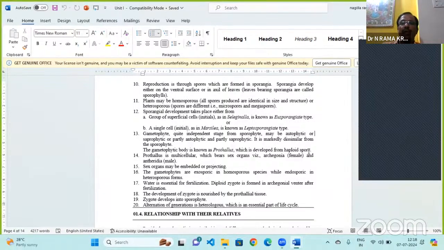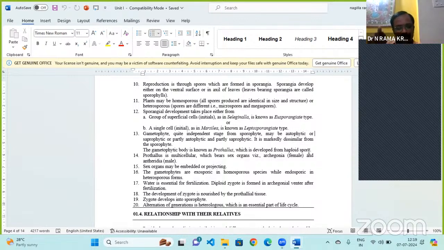The gametophyte is an independent plant. So this is exosporic. What is exosporic? Exo means outside: when the spores come outside the sporangia and go to the soil, taking food material from the soil, the spores germinate into a new generation, that is the gametophyte.